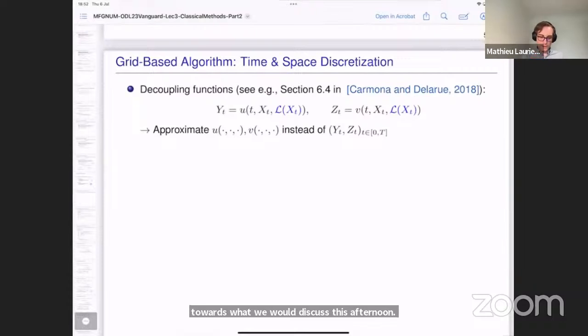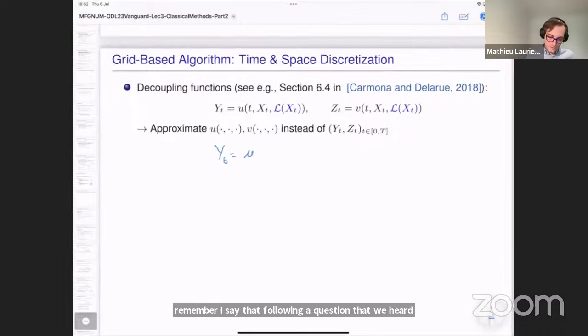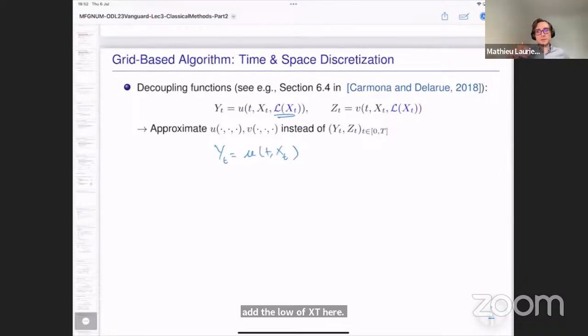So this algorithm, this implementation using a grid, relies on the idea that, in fact, y. Previously, you remember, following a question that we had, I said y_t is equal to u of t and x_t, but you can also add the law of x_t here. In fact, the law of x_t is going to be deterministic, so I don't really need to plug it.